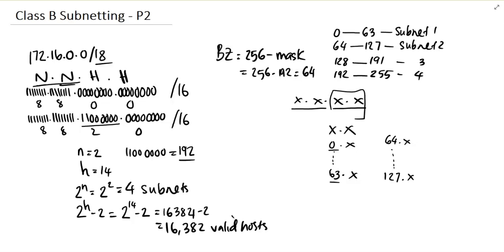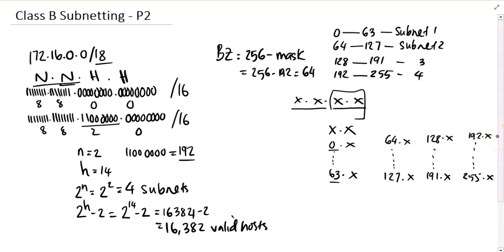Then the next number to 127 is 128, so 128.x, all the way to where it ends, which is 191.x, whatever that X is. We'll talk about those. Then you have the next one, starting from 192.x, and it continues all the way to 255.x.